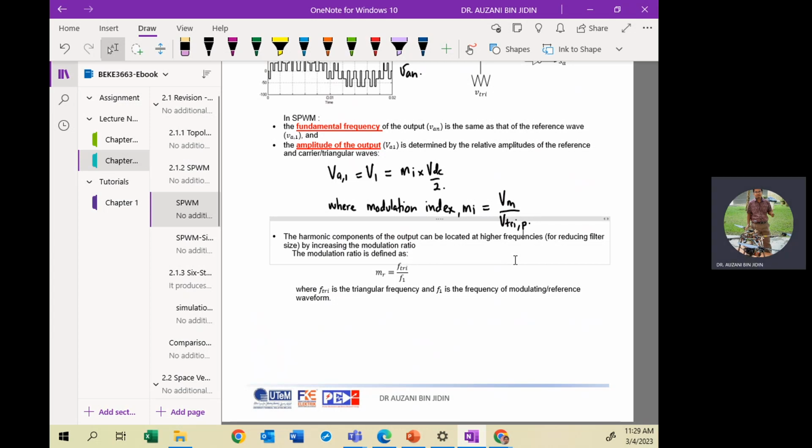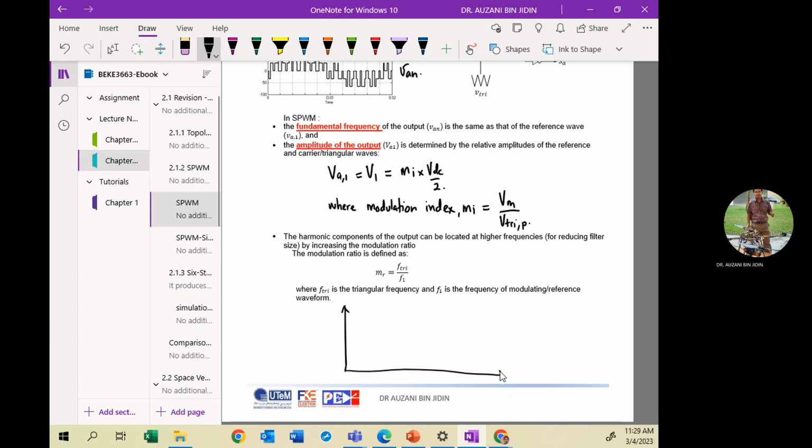For example, if I sketch the frequency response, the spectrum component of the output voltage, the y-axis is the voltage of the harmonic components and the x-axis is the frequency, not the time.